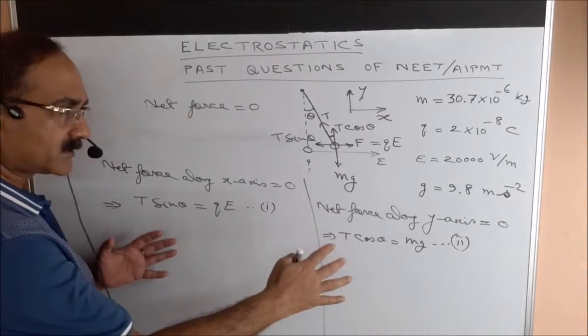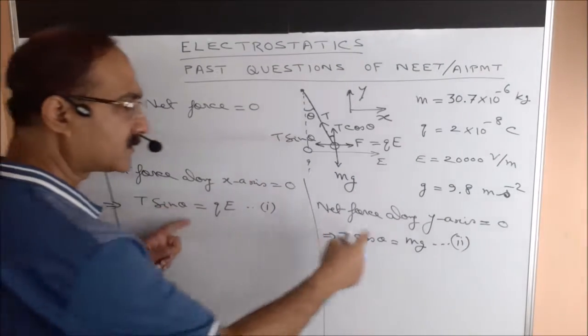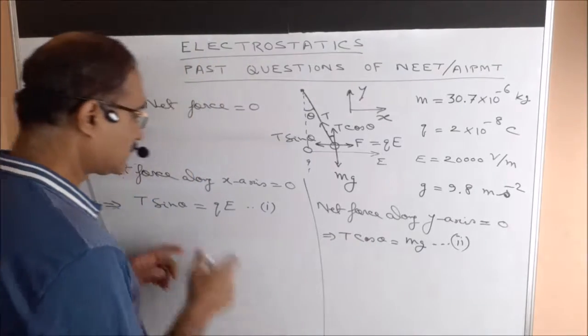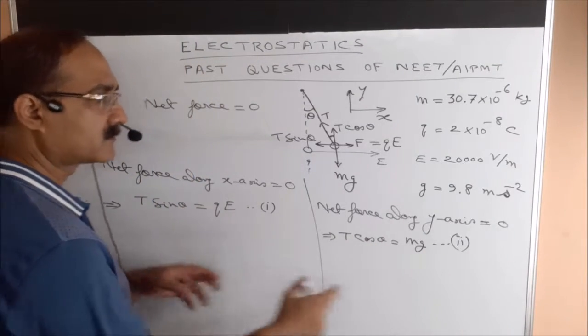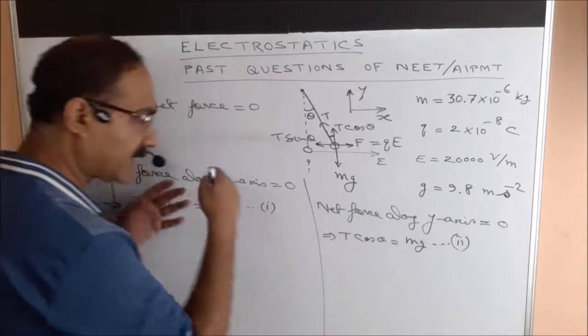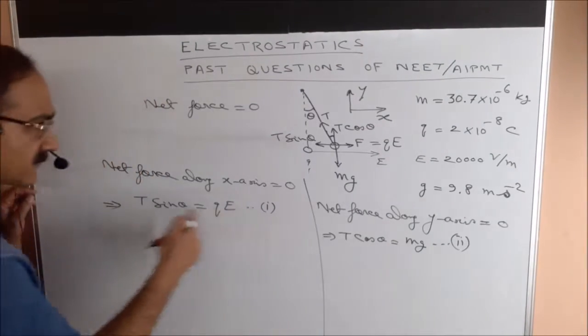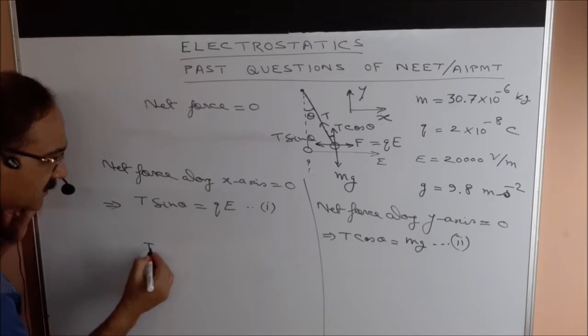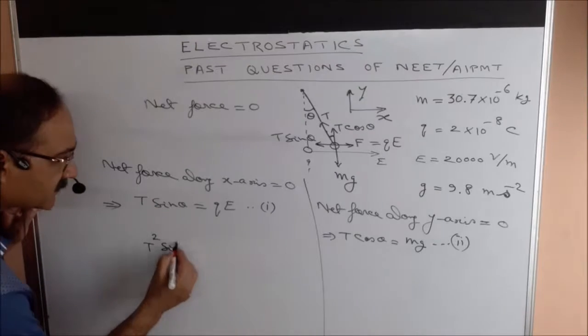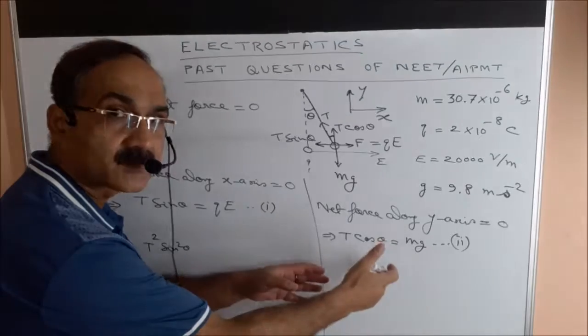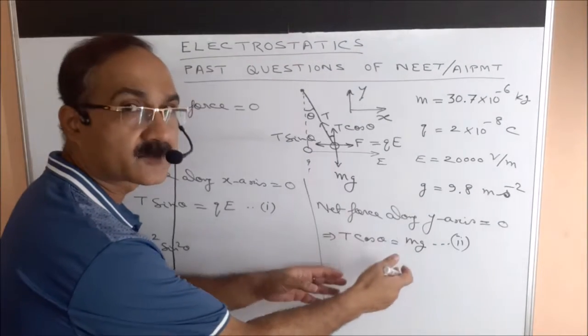So in a situation like this, when we want to eliminate theta, the best way is square this, add it. What happens? See, if you square it on the left hand side, you get T square sine square theta. On this equation, it will become T square cos square theta.